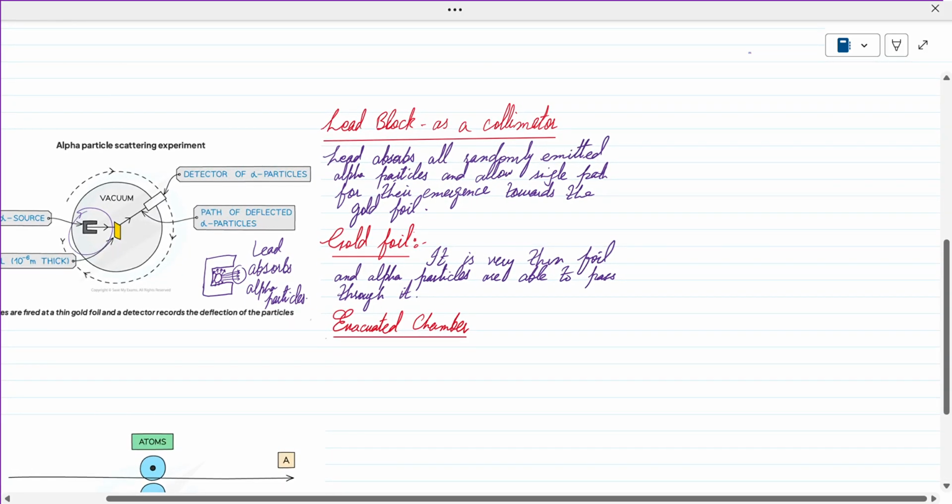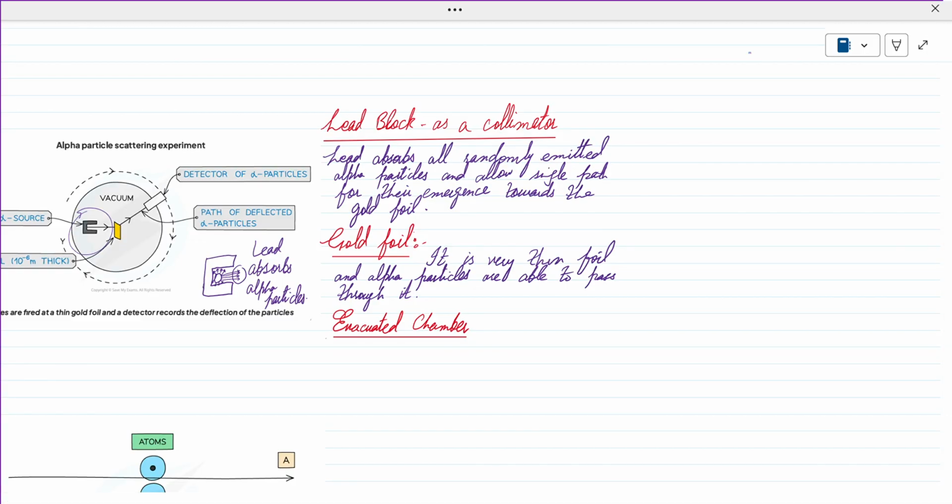Basically, the ionizing ability of alpha is good. It can ionize the gas or the air near it, and that could affect its energy, and we wanted all of its energy to be used for the experiment. So that's why an evacuated chamber is used, where there is a vacuum, so that alpha particles may not lose their energy in ionizing the air.